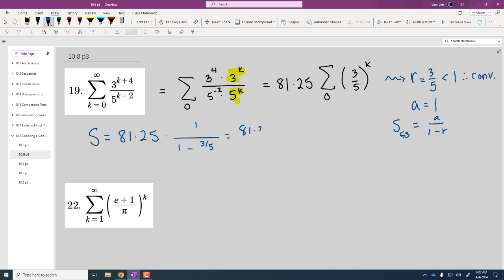So we're going to have 81 times 25 times, this is 2/5 in the bottom, which is 5/2 if you flip it over. So we just have to simplify that. So whatever all that is, 125 times 81 is 10,125, over 2. So that'll be the sum of our series.